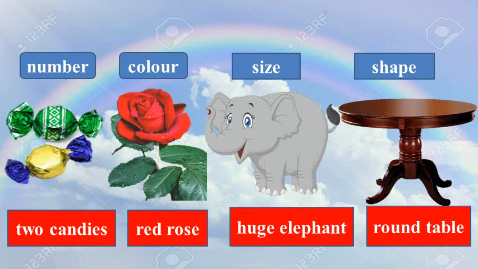So 2, red, huge, round are the describing words. 2 is telling the number. Red is telling the color of the object. Huge is telling us the size, and round is telling us the shape of the thing.